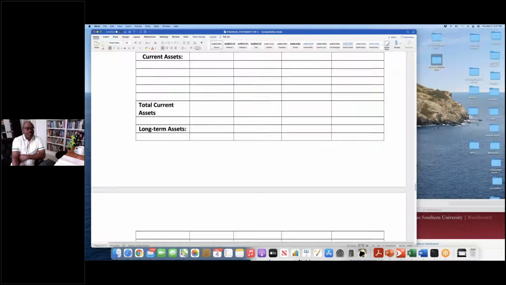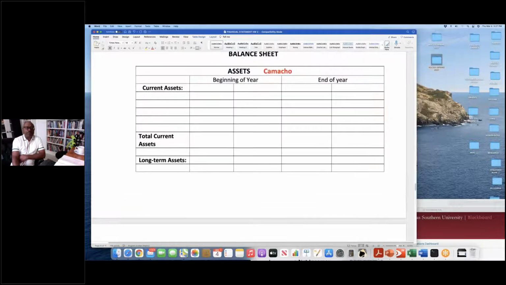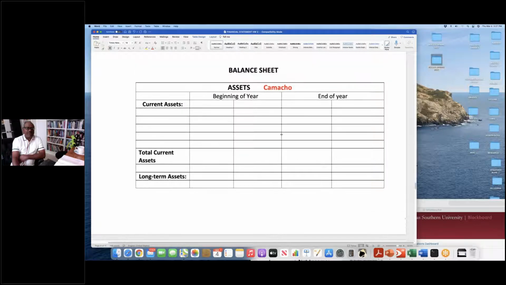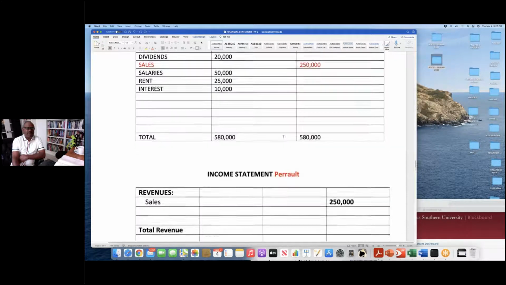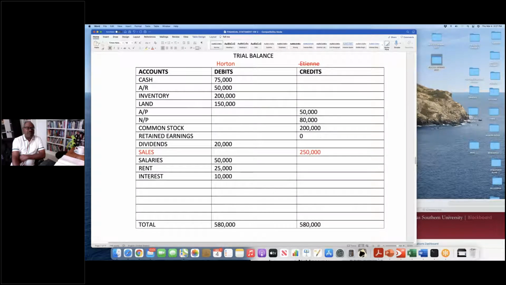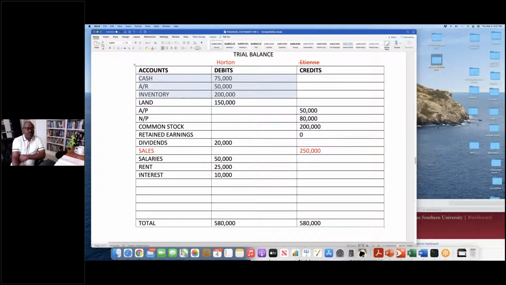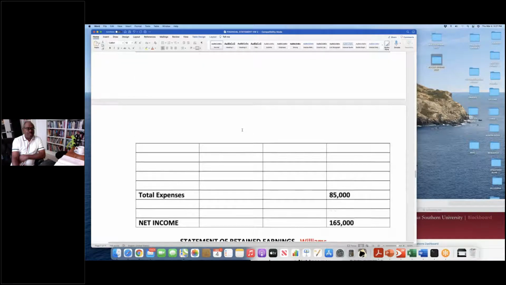Camacho, are you ready for our balance sheet? Yes, sir. So under current assets, I put cash, accounts receivable, inventory, and land. You forgot land.